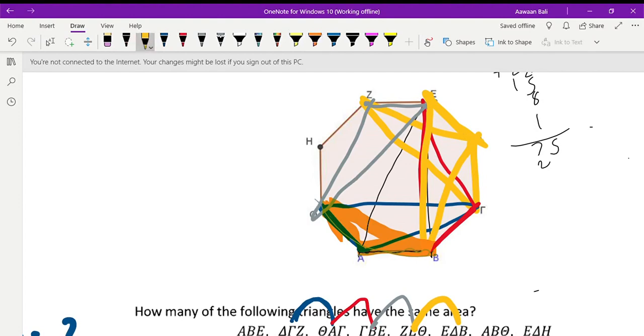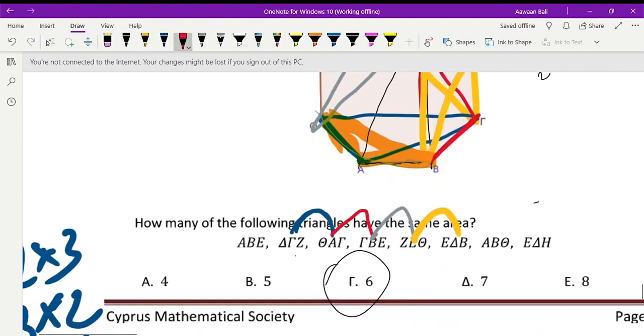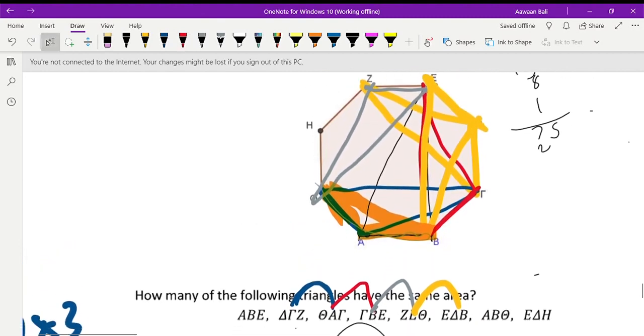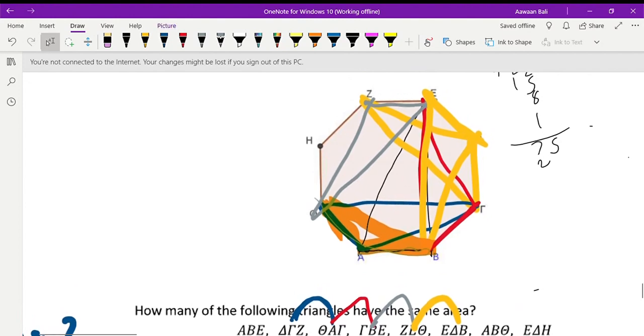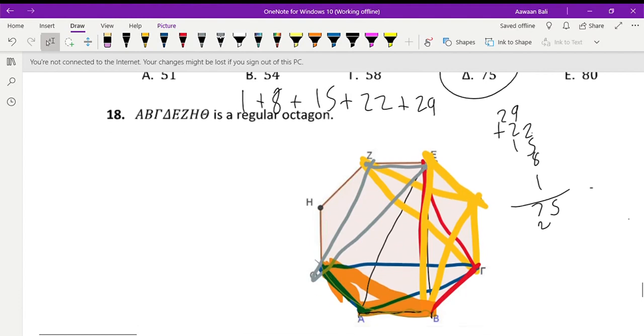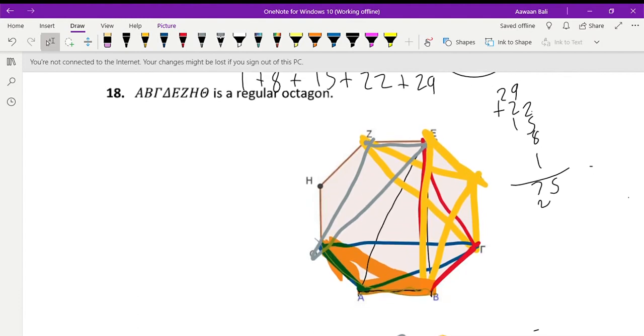But eta, delta, and I forgot the name of that letter. Okay, so basically that triangle, it's this with this, and then you have this here.